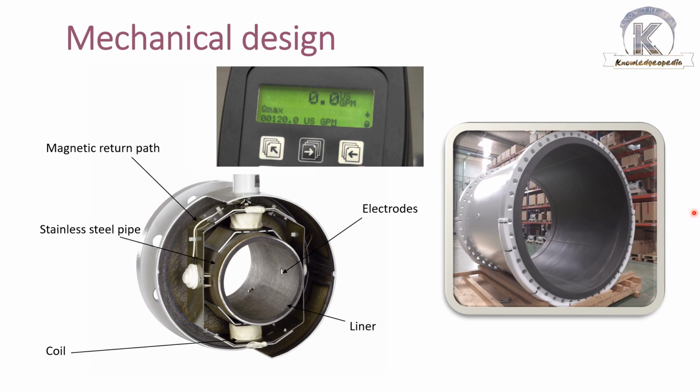The magmeter has a large advantage as it is far more forgiving to upstream flow profile disturbances than most other competing flow technologies. That means the laminar profile of flow is not that important in a magnetic flow meter.